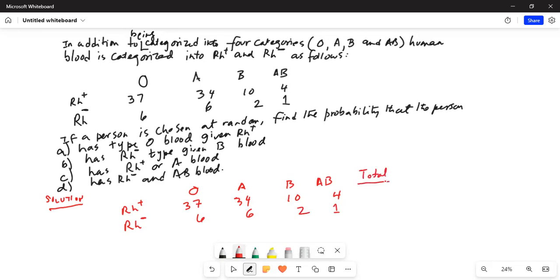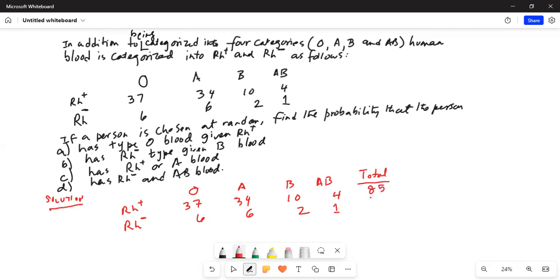So the first thing I will do is total the rows. So the first row, I will add up the four numbers. That is the total of Rh plus is 37 plus 34 plus 10 plus 4. And that number is equal to 85.